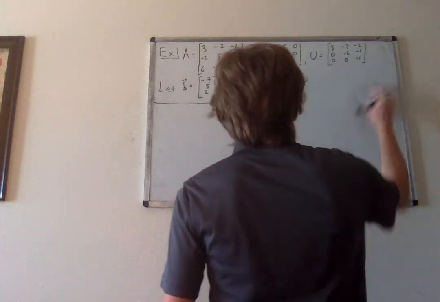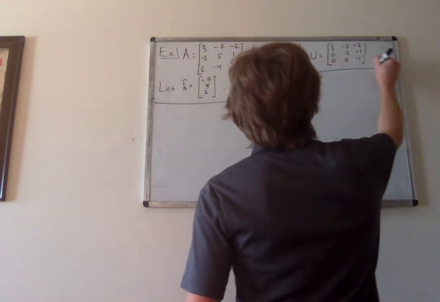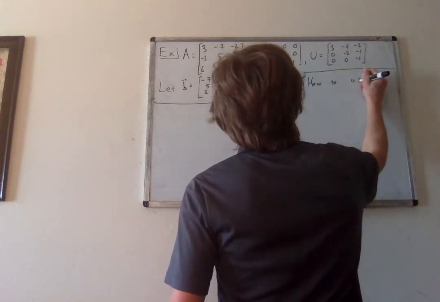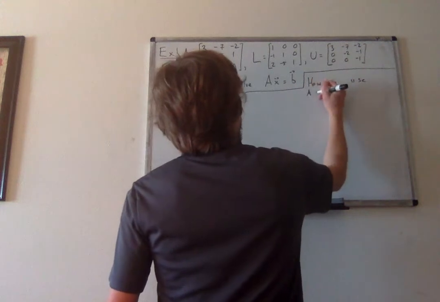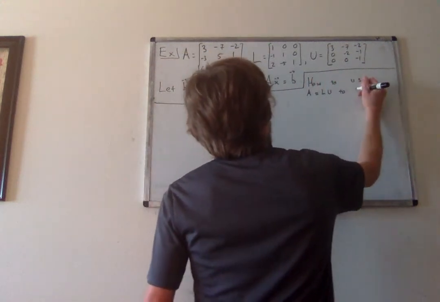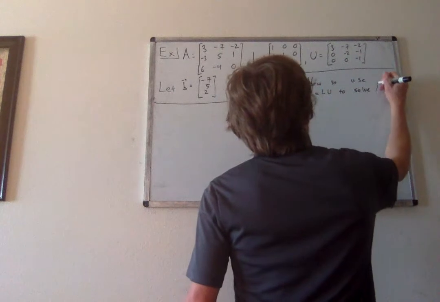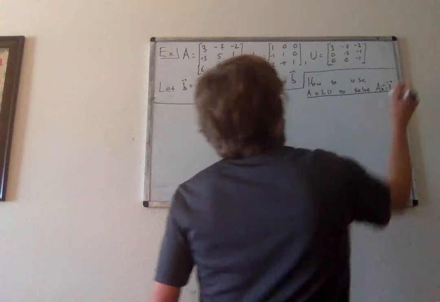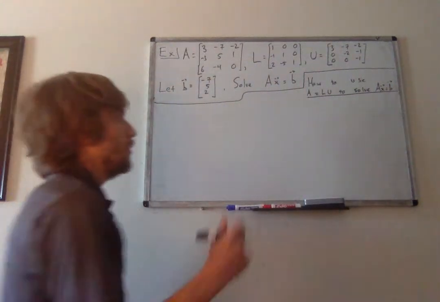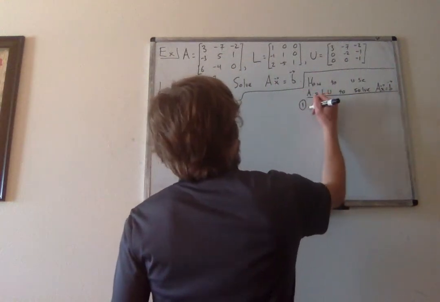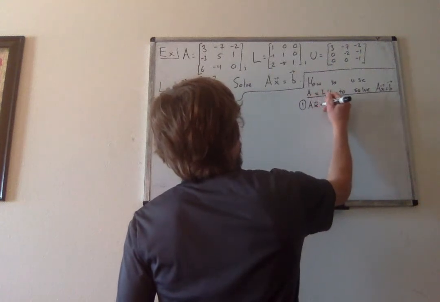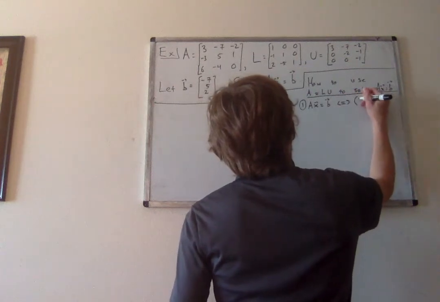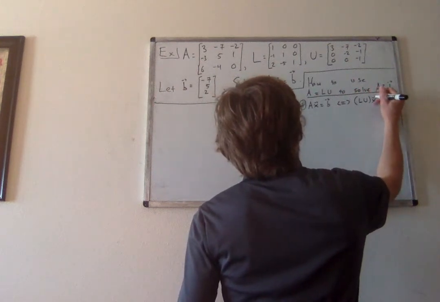I'll put the algorithm here on the right side: how to use A equals LU to solve AX equals B. Notice this equation, AX equals B, is equivalent to replacing A by its factorization LU.